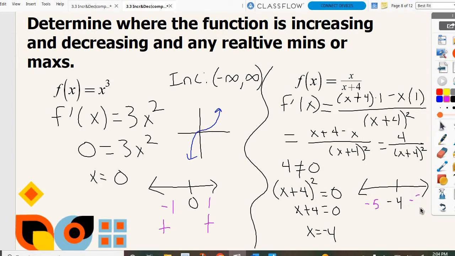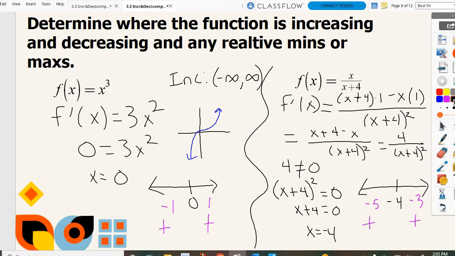Negative 3. Okay, so if I plug negative 5 into my derivative, I would have 4 divided by negative 1 squared. It's still going to be positive, so I end up with a positive. And then if I plug in negative 3, I end up with 1, and it's squared, which is a positive, so it's a positive.